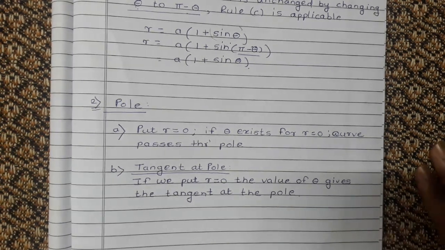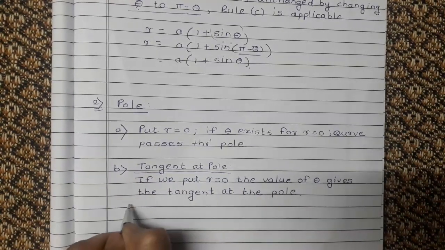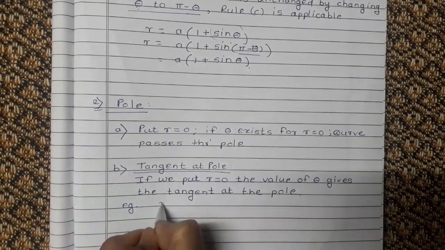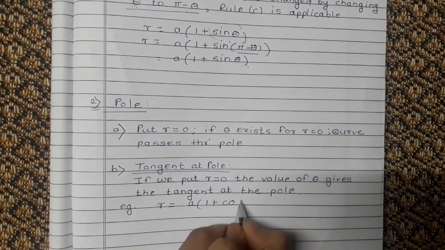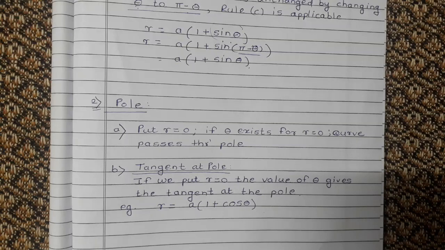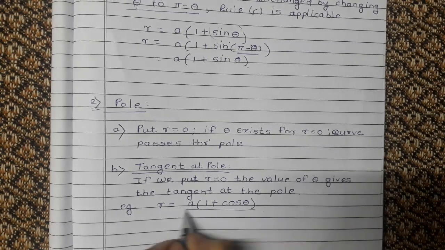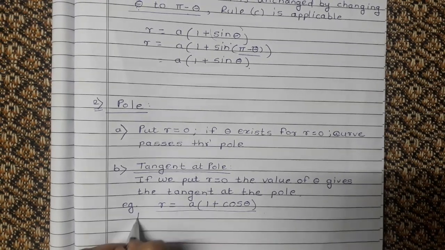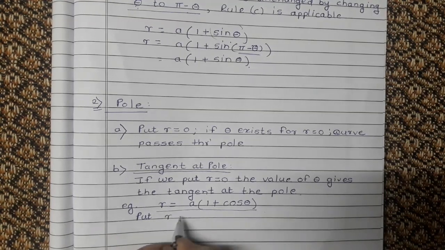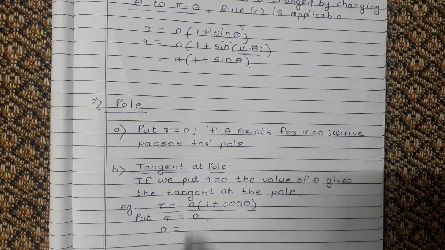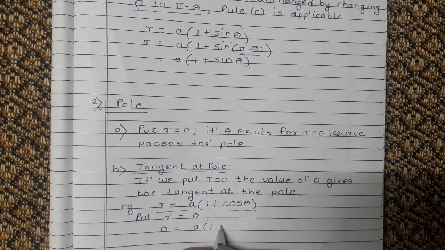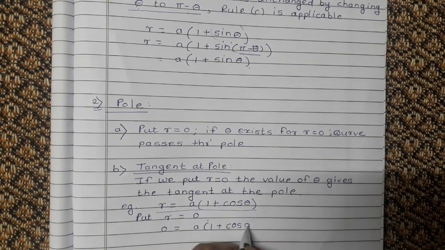Okay, let's take one example. For example, I consider r is equal to a into 1 plus cos theta. To verify whether this passes through origin or not, what you are going to do is substitute r is equal to 0. When you substitute r is equal to 0, what you have is a into 1 plus cos theta.